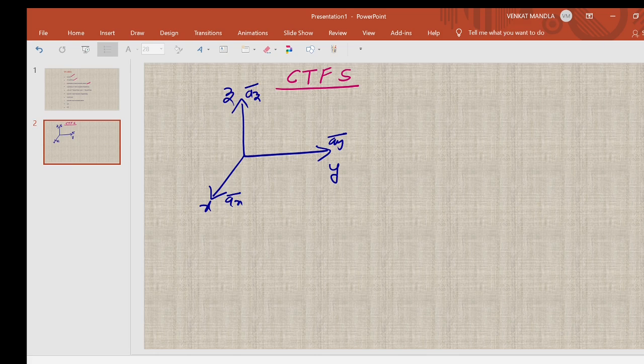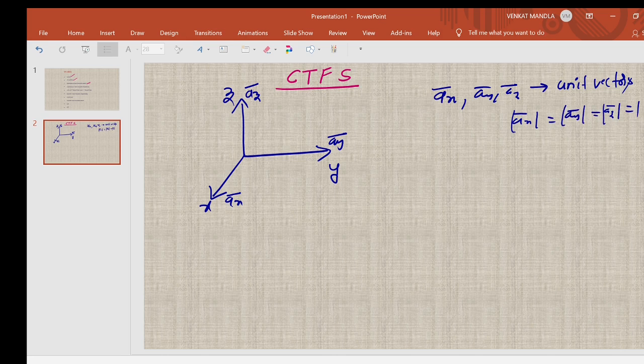Now these three vectors AX, AY, AZ are unit vectors. That is, their magnitudes are 1. And one more condition is there: they are mutually orthogonal.